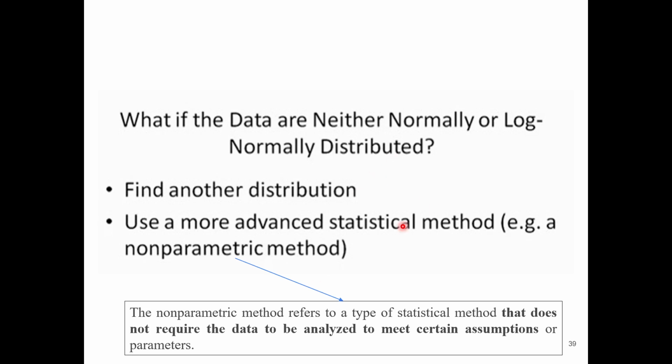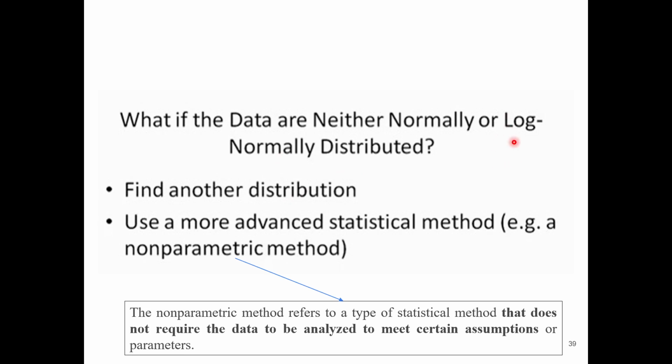The last question would be, what if the data is neither normally nor log normally distributed? If it is normally distributed, very good. If it is not, then we apply a logarithm, say ln or log e, to all the data set values.